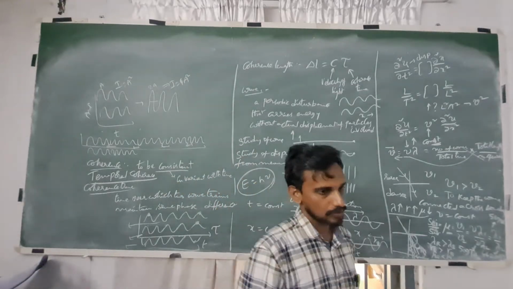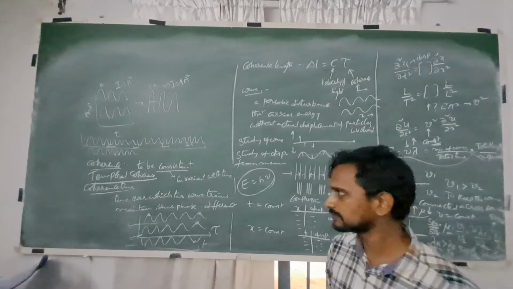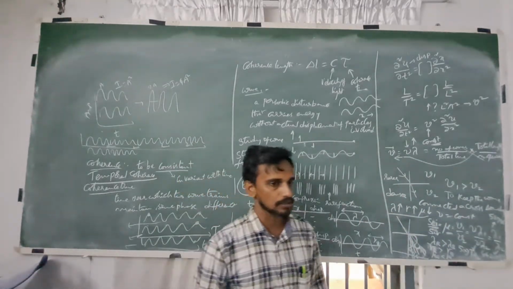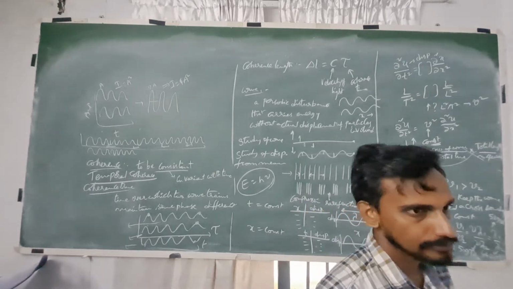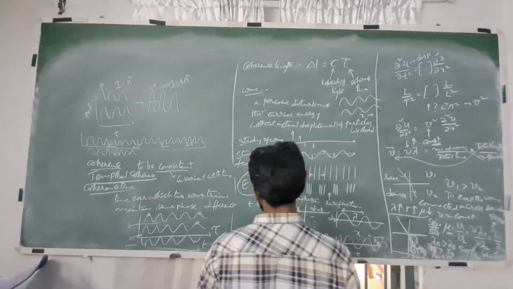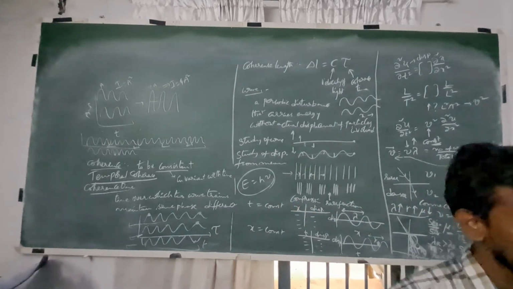A coherence related to time is called temporal coherence. So here T is constant, then what happens to its frequency?